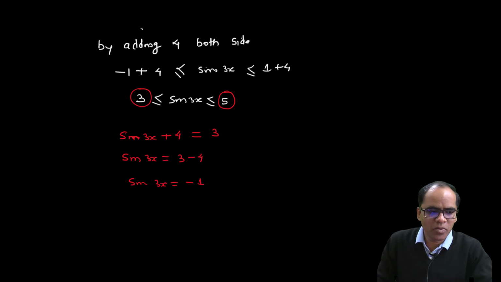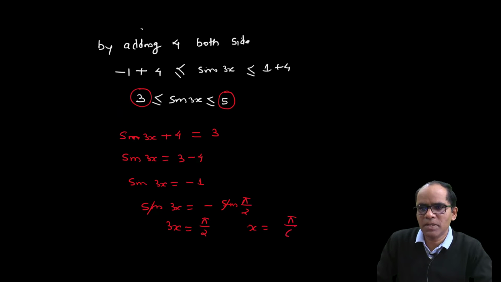Minus sine pi by 2 only. Sine 3x is equal to minus sine pi by 2. So this sine and this sine get cancelled. So 3x is equal to minus pi by 2. Okay. So x is what here? Minus pi by 6. In this case x equal minus pi by 6.